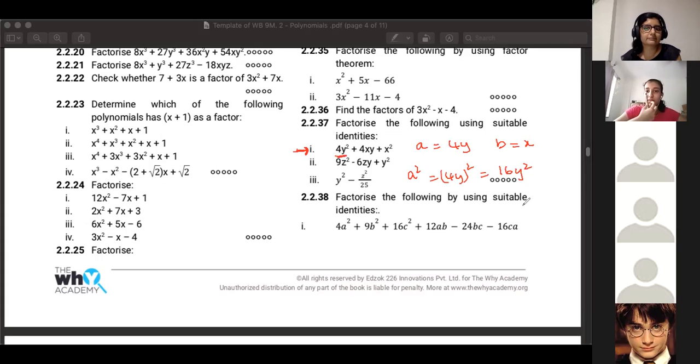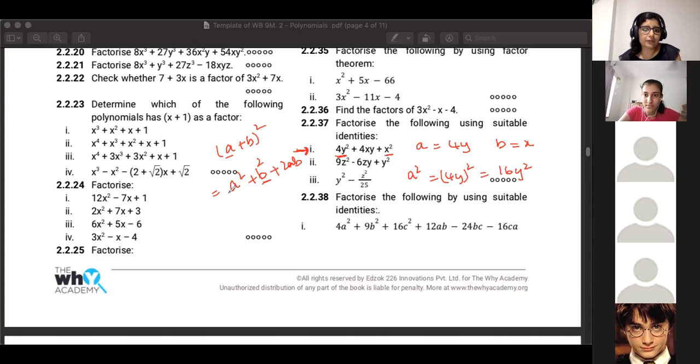It's not fitting. What should be the value of a? Ma'am, then the value of a is 4y square. But if you have to fit it, basically this is the identity you said, right? a plus b the whole square is a square plus b square plus 2ab. So in that case, b square is x square, it's fitting.